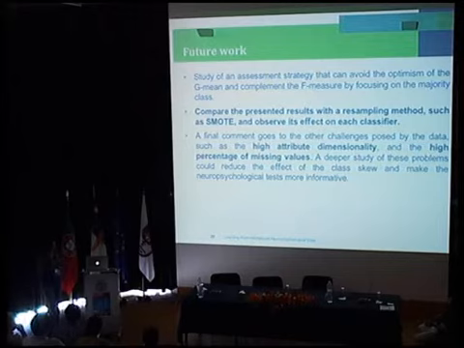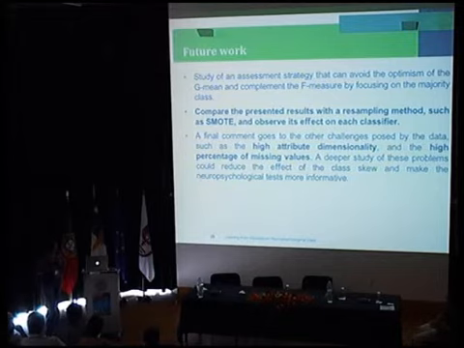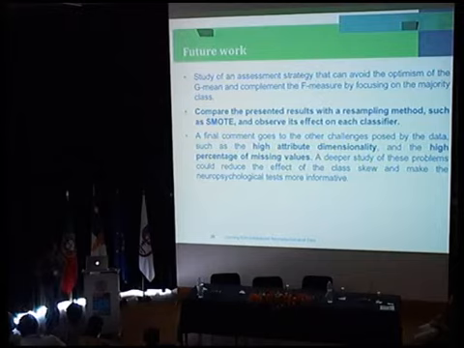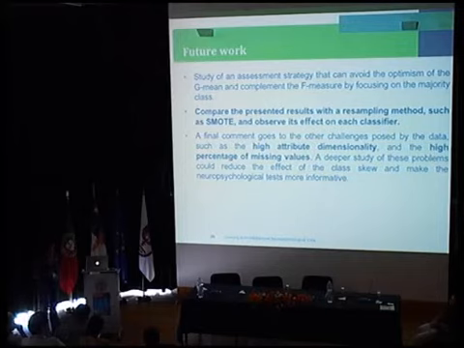We compared the results that we presented here with the resampling method, in this case SMOTE, which is the state-of-the-art on the subject, and the results with SMOTE are quite good. In the case of naive-Bayes, some of our models here are still statistically significant, but for instance, in the case of SVM, using SMOTE is very good.